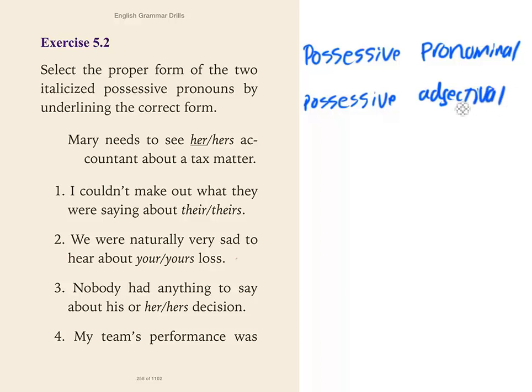Remember, the adjectival needs the noun afterwards, like decision, and then her. And the pronominal always ends in the S. And that's the one that stands by itself.